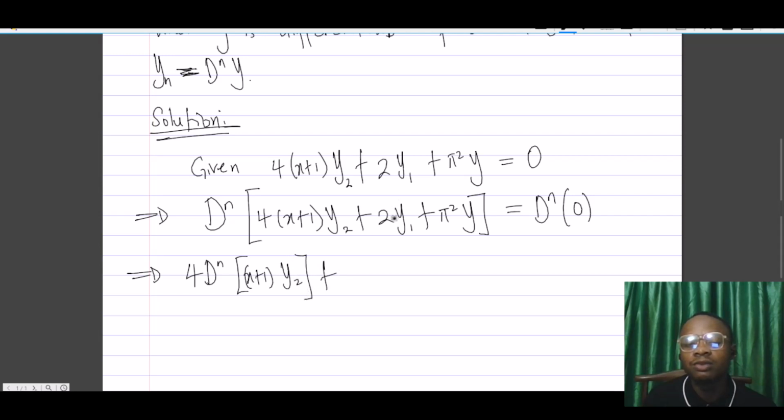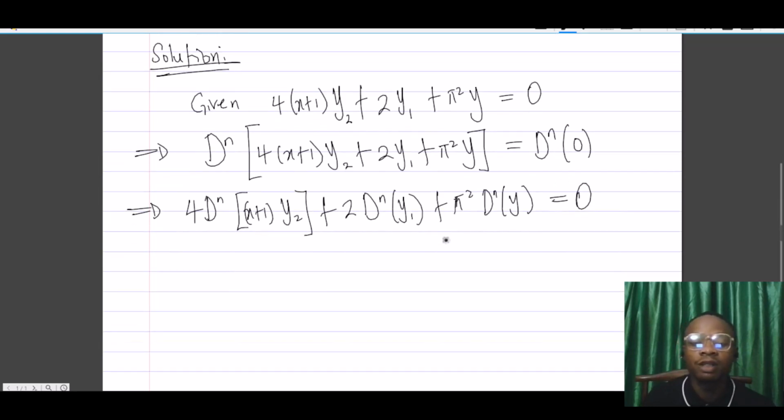Then plus 2, which is a constant, so we can move it out, and then get d^n/dx^n of y_1, then plus pi squared. Pi squared is a constant, it doesn't depend on x, it doesn't depend on y either, so leave it out. Then this will be d^n/dx^n of y, and then this will be equal to 0. The derivative of a constant is 0.